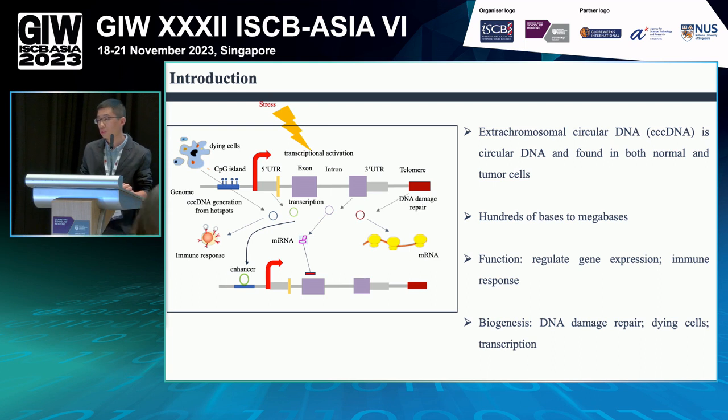Extrachromosomal circular DNA, eccDNA for short, is circular DNA that varies in size from hundreds of bases to megabases and is found in both normal and tumor cells.